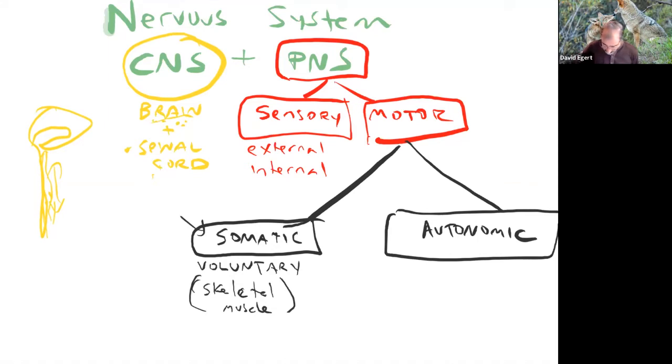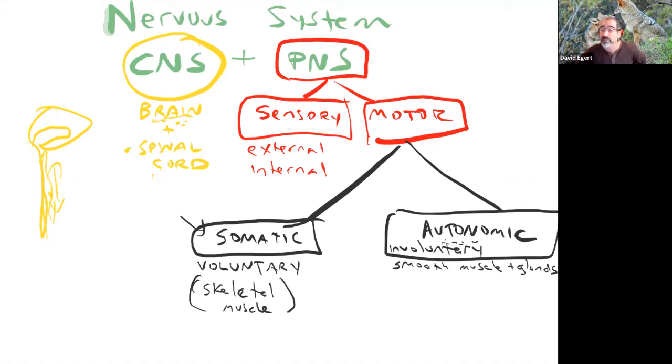Autonomic means self-governing. This is the stuff that you don't think about controlling. This is going to be the involuntary, like smooth muscle and glands. If somebody says, do that cool trick where you make your pupils get big and small and big and small, it's like, I can't do that.